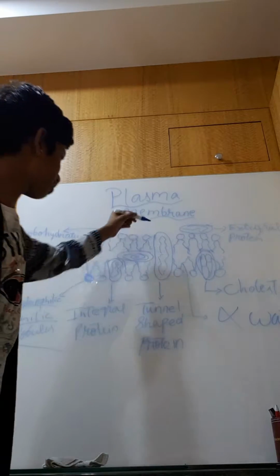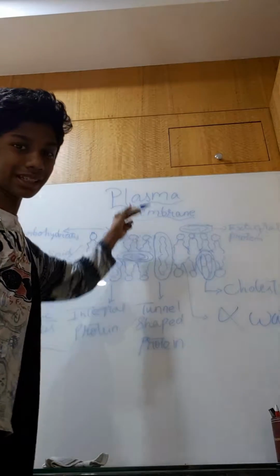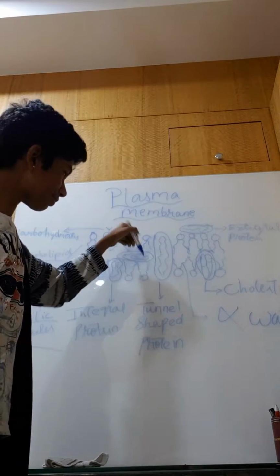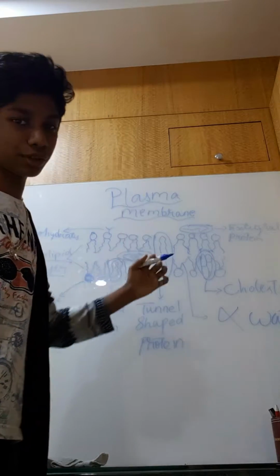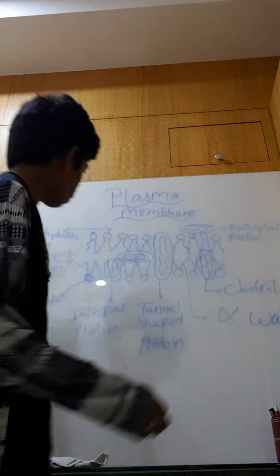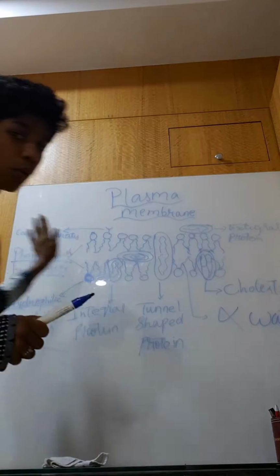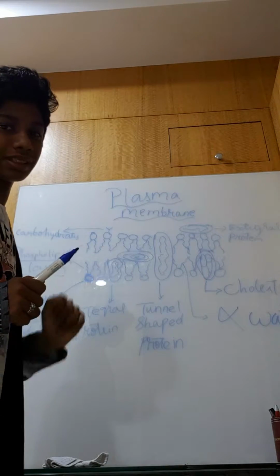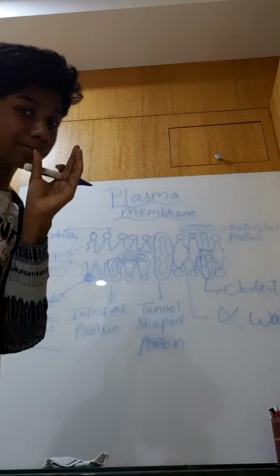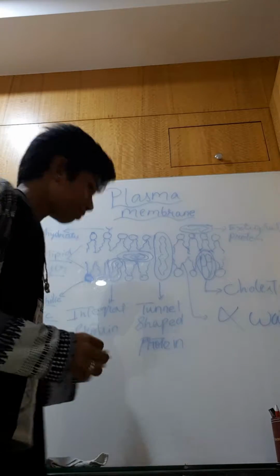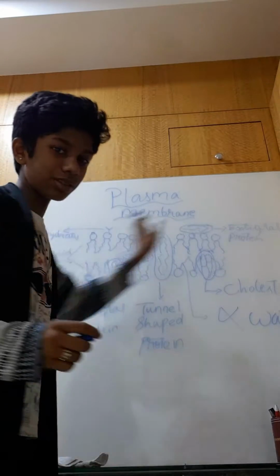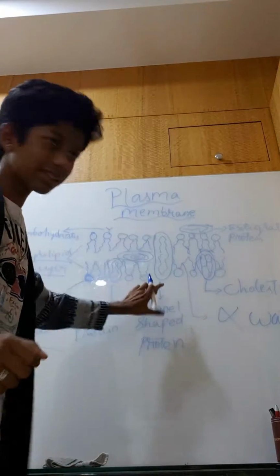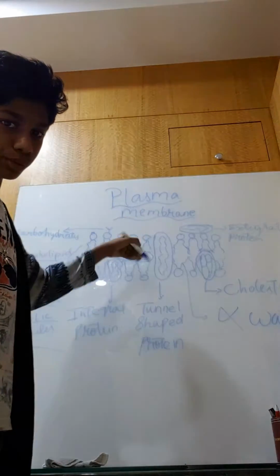First, this protein you can see is tunnel-shaped. The membrane is made up of proteins and phospholipids. This whole thing is phospholipids. Lipids, mind it, means fats.